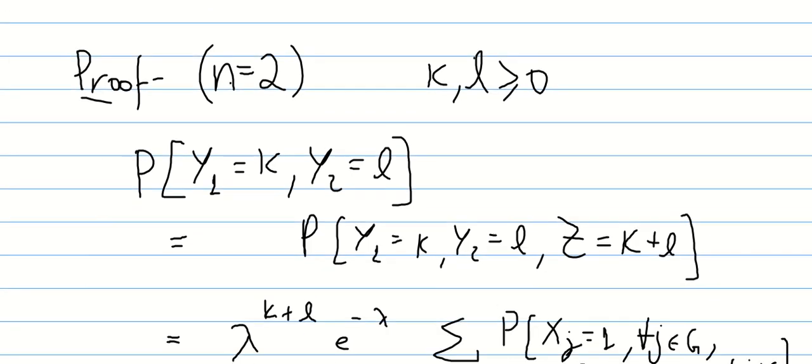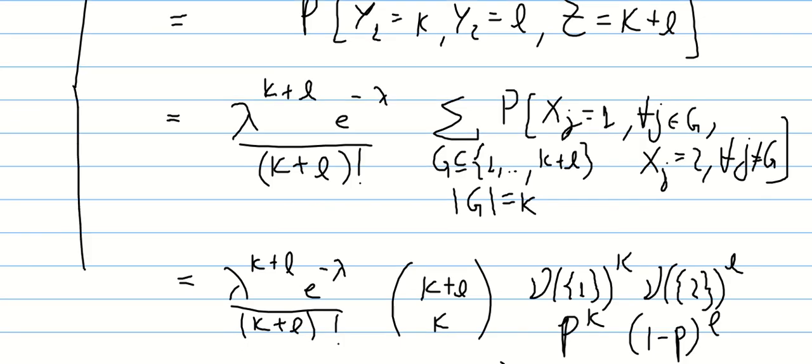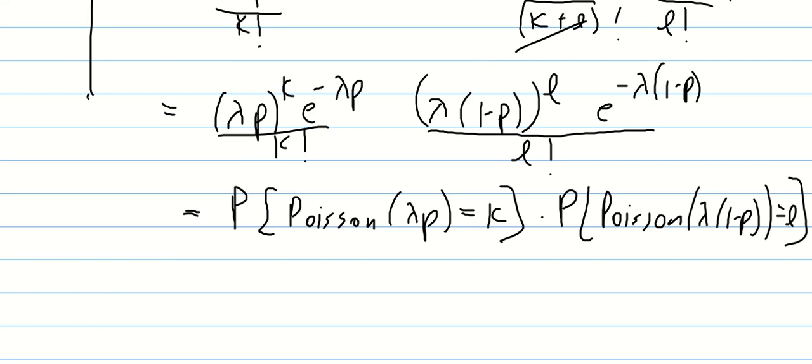This probability broke into a product for every k and L, so this is indeed proving the independence as well.